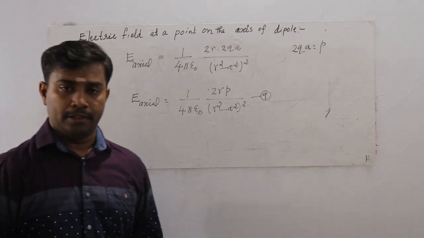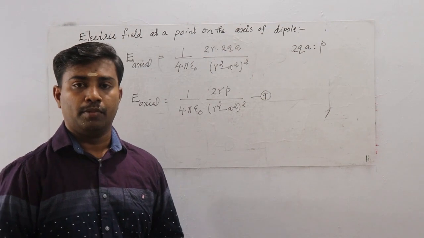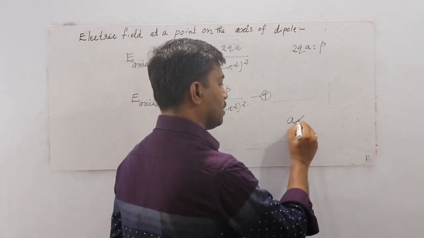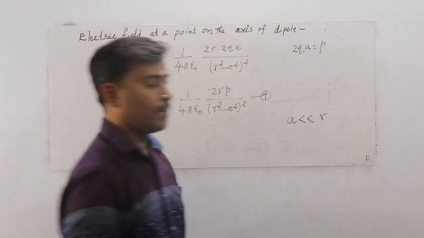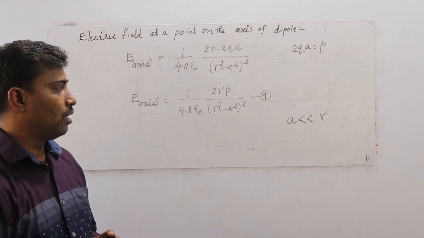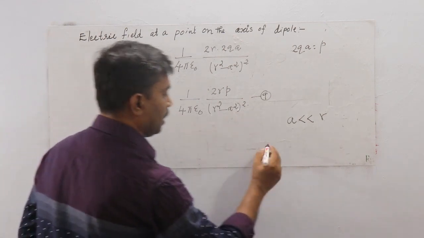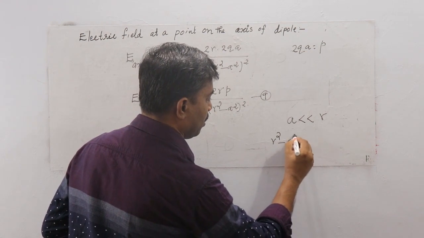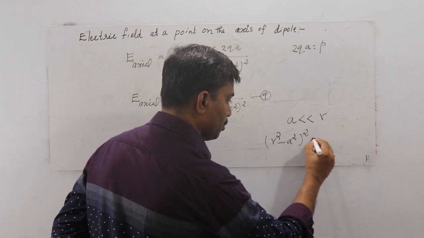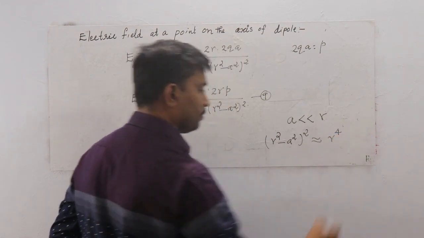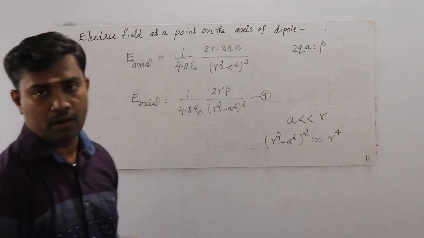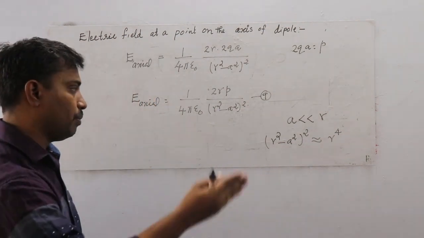Suppose here we consider the length of a dipole is small. That is, A is very less than R. Suppose we consider A is less than R, dipole length is small. So the denominator of the equation, (R square minus A square) whole square, changes to R raised to 4. If A is very less, that means dipole length is small compared to the distance from center to the point.